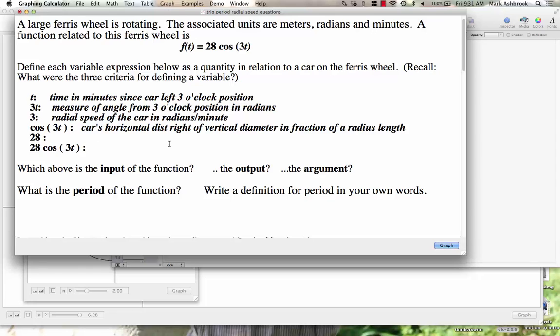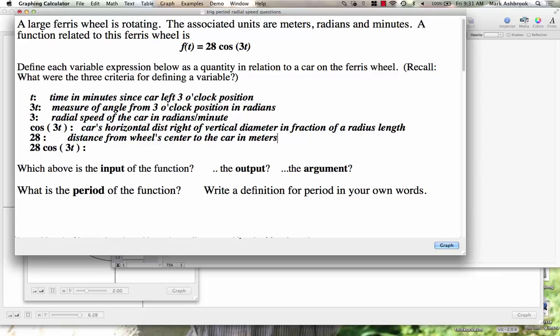What is 28? Christopher? Is it the car's radius to the center of the circle? Okay, so it's the distance from the wheel center to the car. No, this is in meters, right?